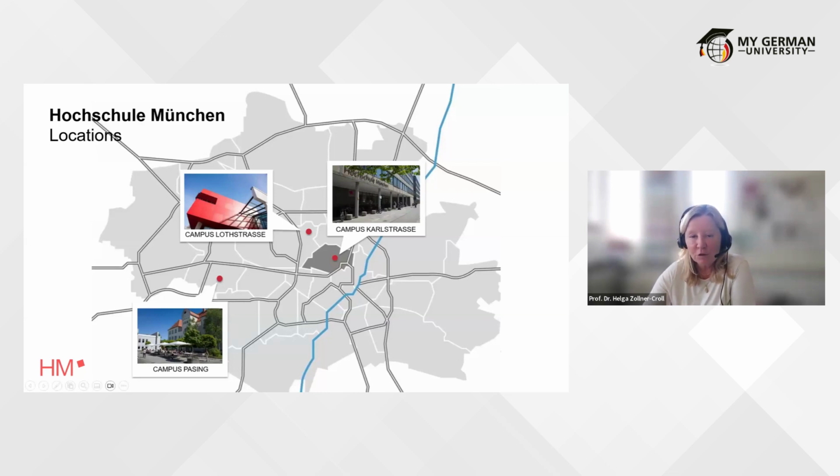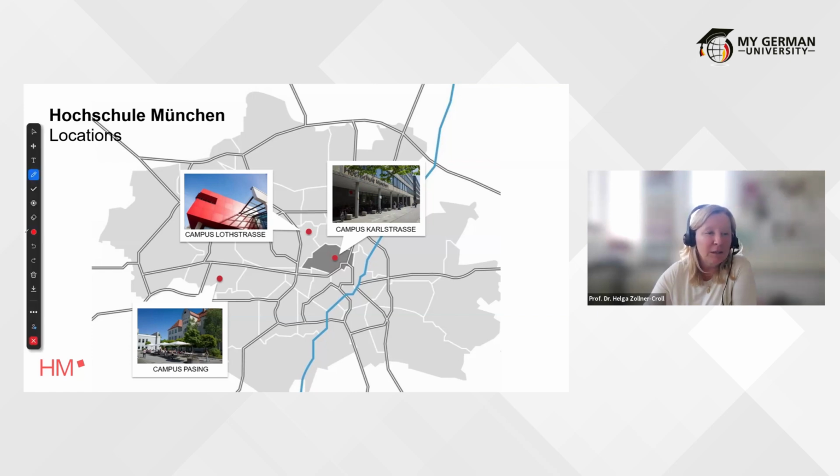We are in the center of Munich with our 3 locations, and actually the program we are talking about here is in this campus, where we are located together with several other study programs.